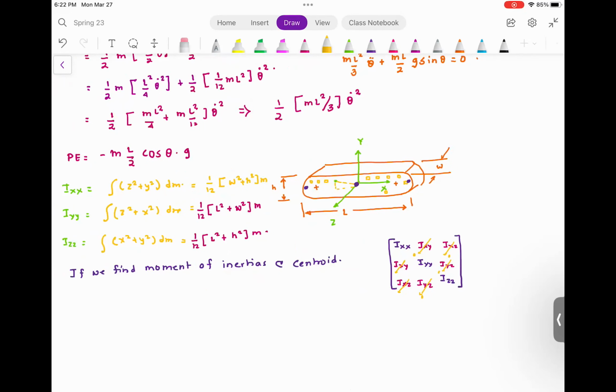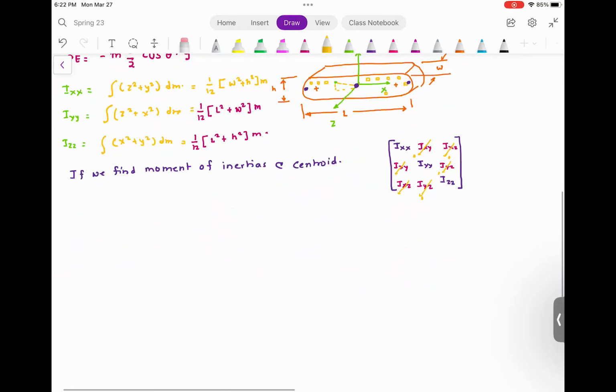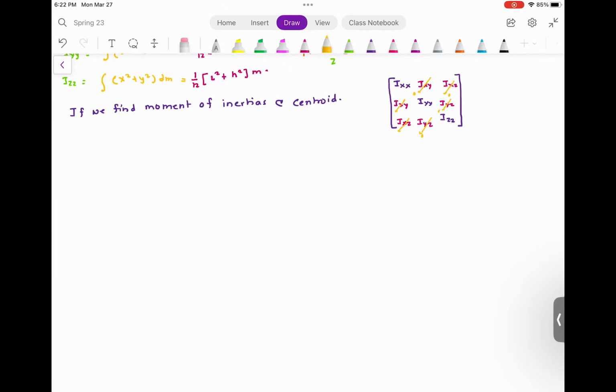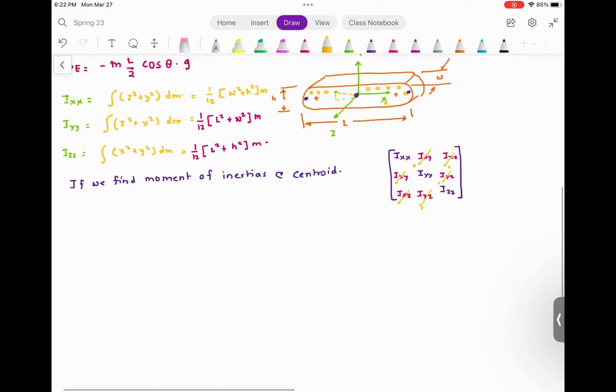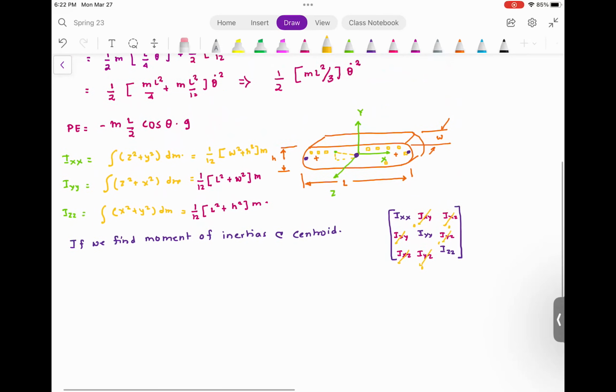Now with this, I want to work out a problem and give you a flavor for how to solve a problem that has non-zero masses distributed across the whole section. I want to take an example. So the inertia would be maximum in the Izz.